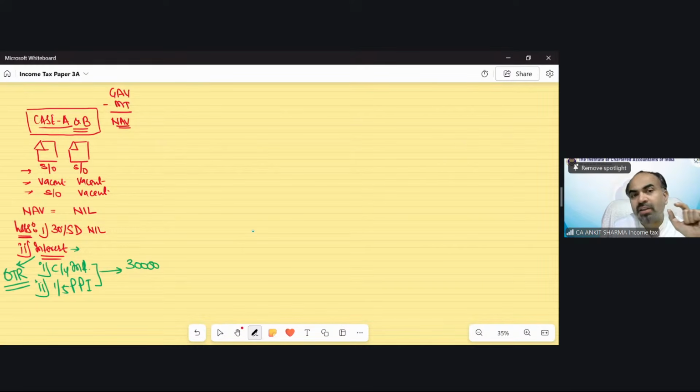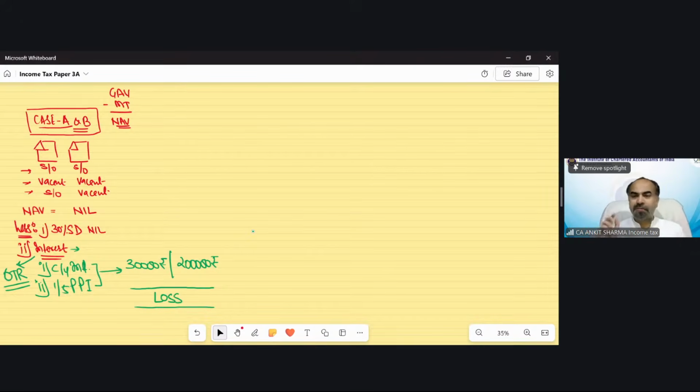It's not 30,000 for each property. For two properties, the maximum interest deduction would be 30,000 rupees or 2 lakh rupees. In some circumstances it's 30,000, in others it could be 2 lakh rupees. When 30,000 and when 2 lakh, we will discuss. But in aggregate, maximum 30,000 or 2 lakh rupees you can claim. And that will result in loss.